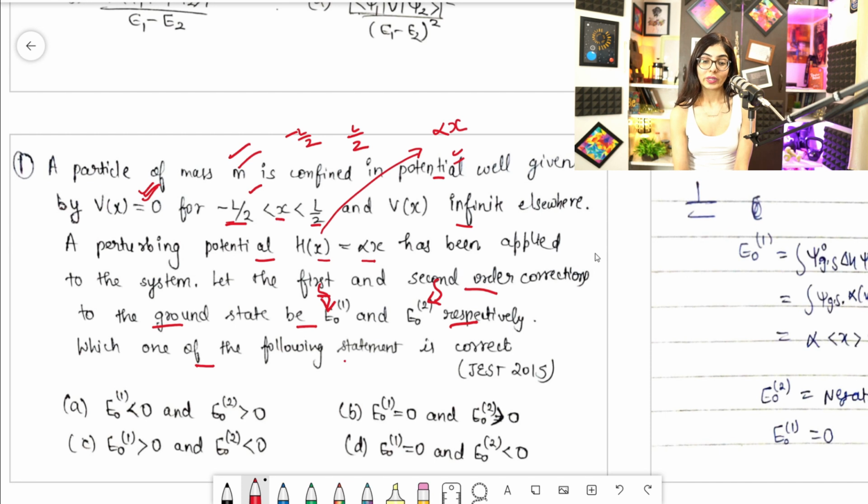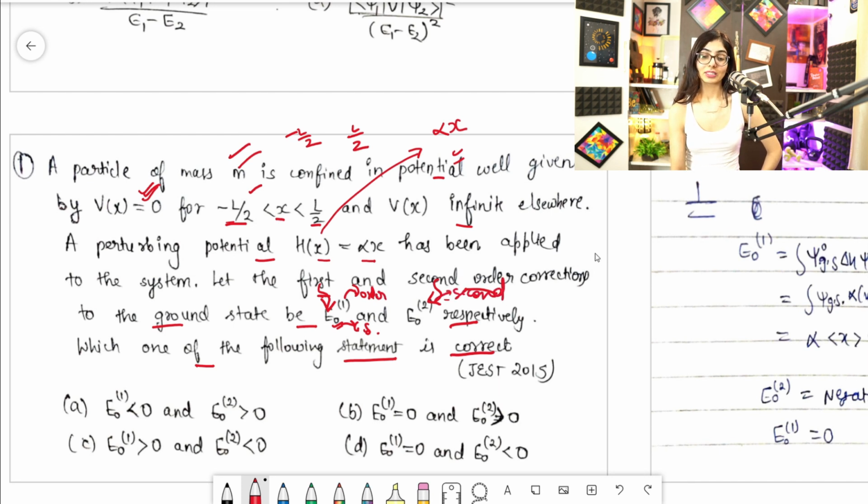Which one of the following statements is correct? We need to find which statement is correct. The subscript 0 is given, which means the ground state, and this is the first order correction and this is the second order correction.